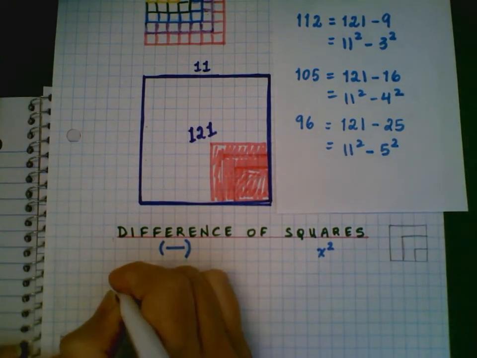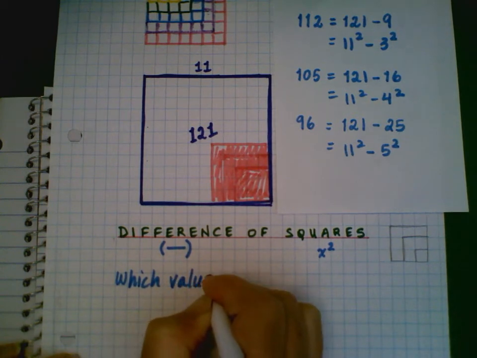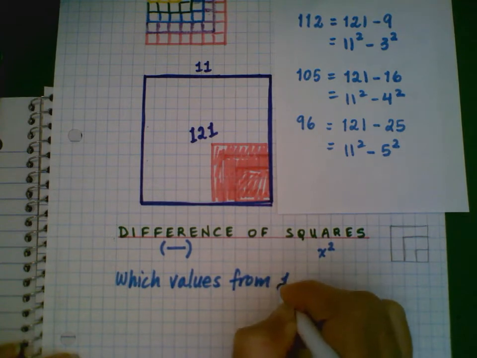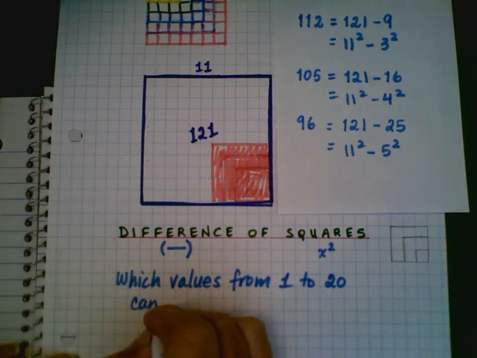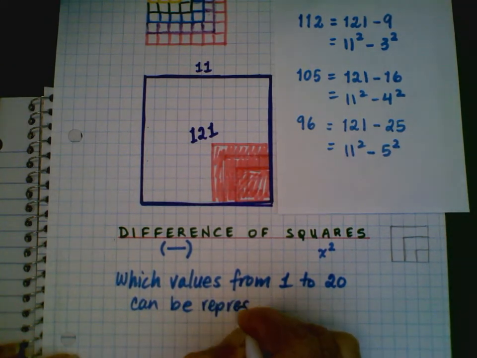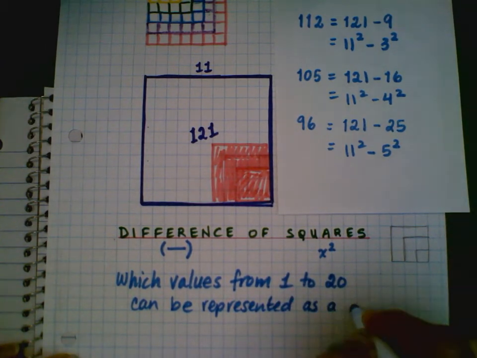So which values from 1 to 20 can be found or represented as a difference of squares.